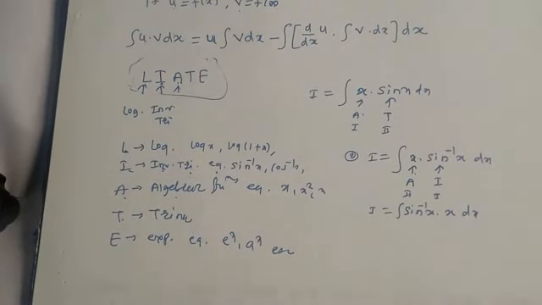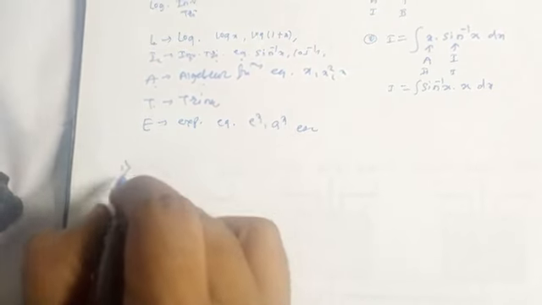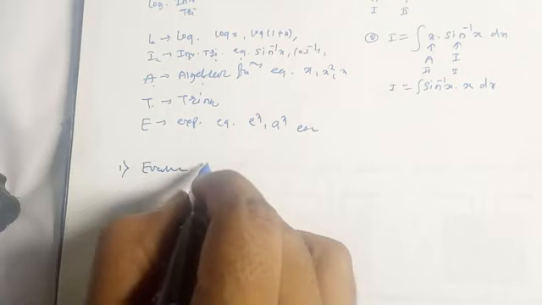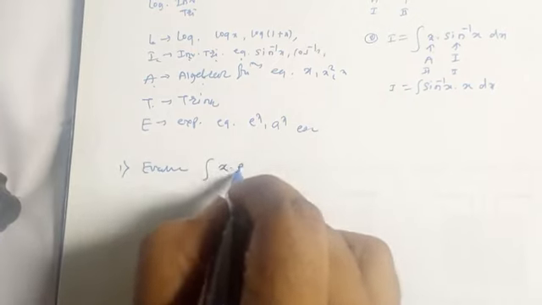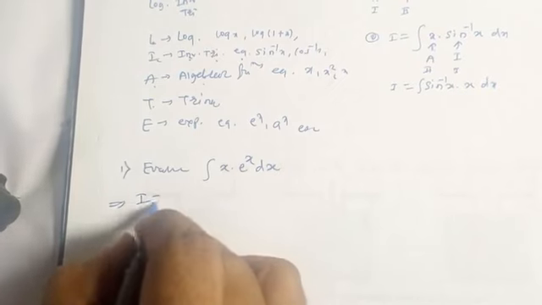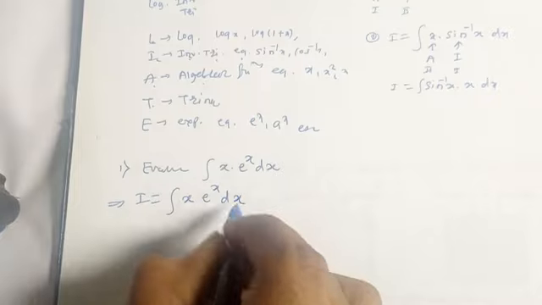Let us see examples based on this by-parts rule. First example: evaluate integration x into e raised to x dx. Let I equal integration x e raised to x dx.